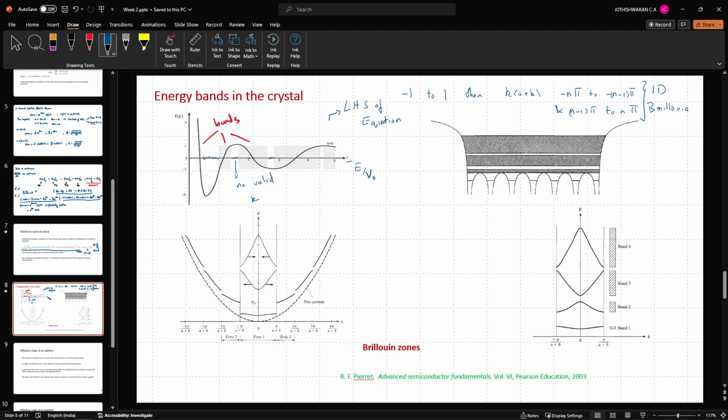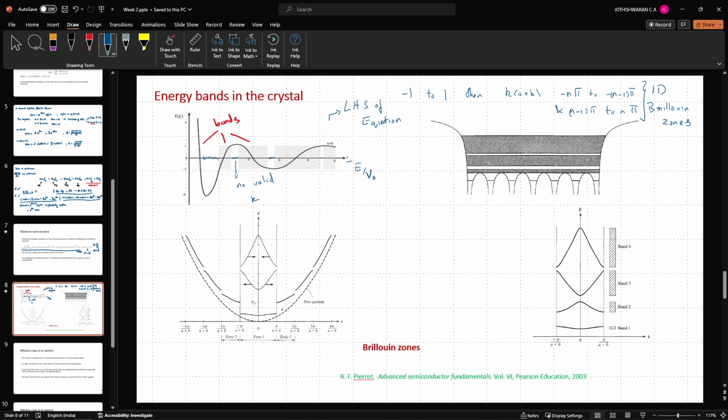This is named after the French physicist Leon Brillouin, who was one of the earliest people to study solid structure from the quantum mechanical perspective. So these are the 1D Brillouin zones. They are defined by these values, and in each Brillouin zone we will have an allowed set of energy values.